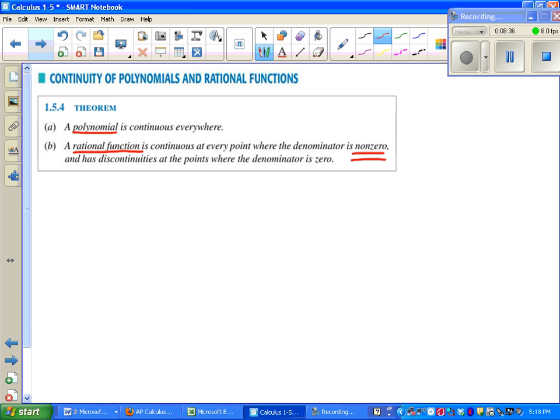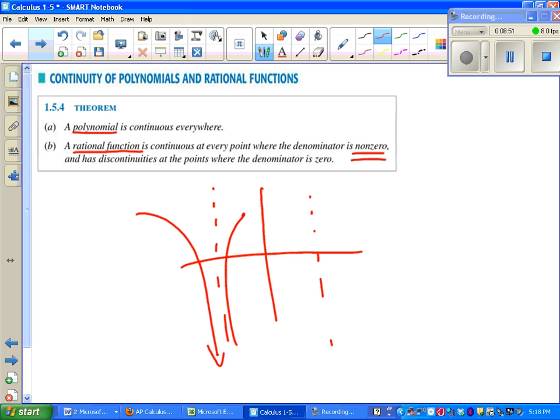So in other words, rational functions are continuous everywhere that you don't have a hole or an asymptote. And that kind of makes sense if you just sketched some random rational function with some asymptotes. You might have something like this, might have a hole somewhere, might have another hole. Those are all places that the asymptote, or where the denominator would have equaled 0.